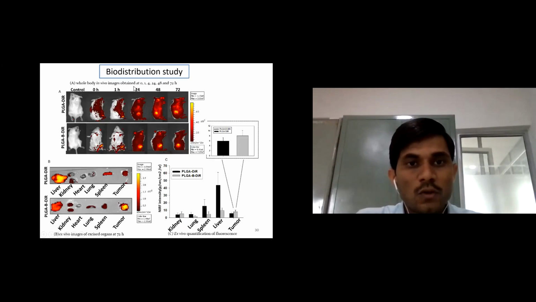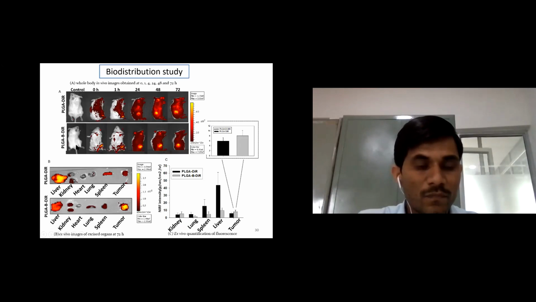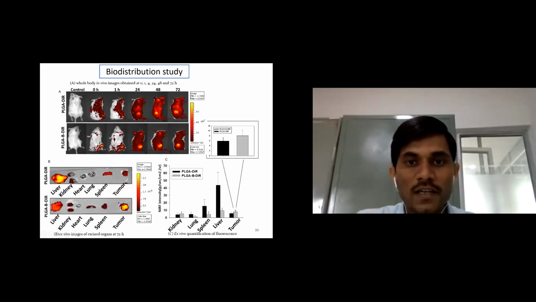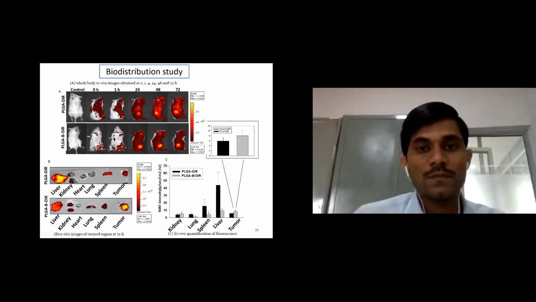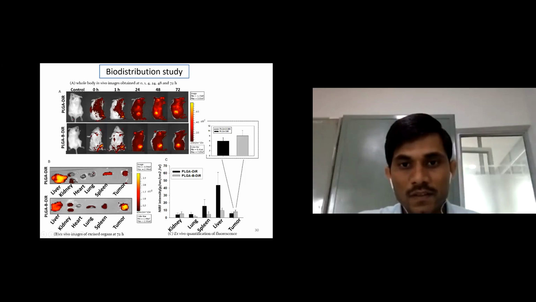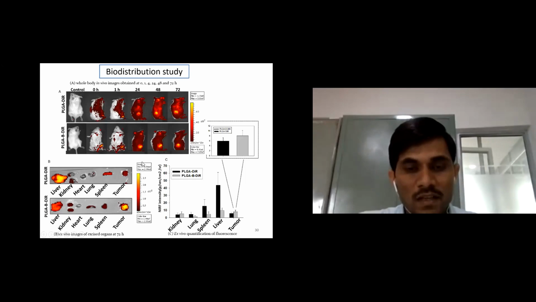Then we have confirmed in vivo biodistribution using DIR loaded nanoparticles. We have developed tumors of around 30 to 40 mm³ in the right flank of these mice. After that, we gave an injection into the tail vein and monitored fluorescence with the help of an IVIS instrument up to 72 hours.